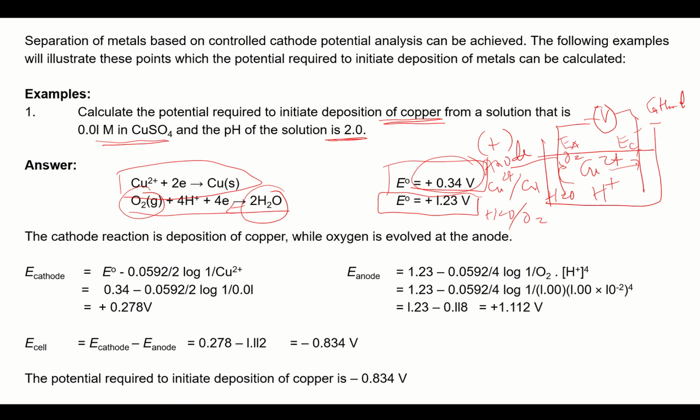Both sides. What actually happens here at the interface as well as here. The reaction is copper deposition here, and at the anode the oxygen evolution. Then you will know what the E cell is, by using this equation, E cathode minus E anode.